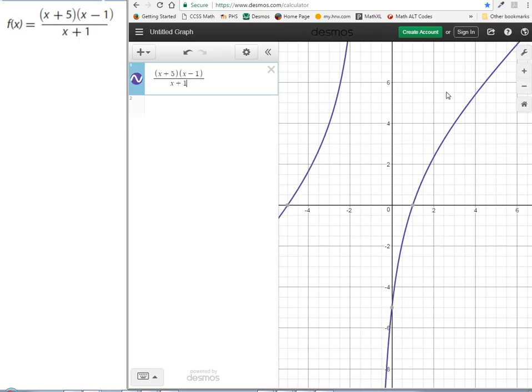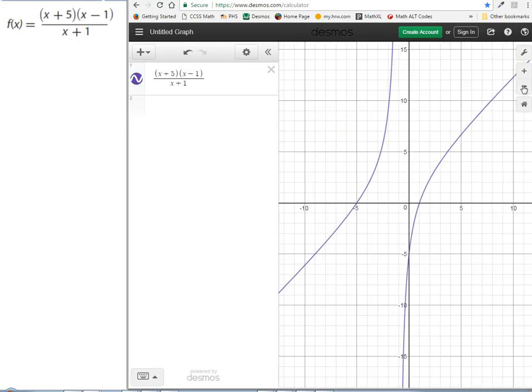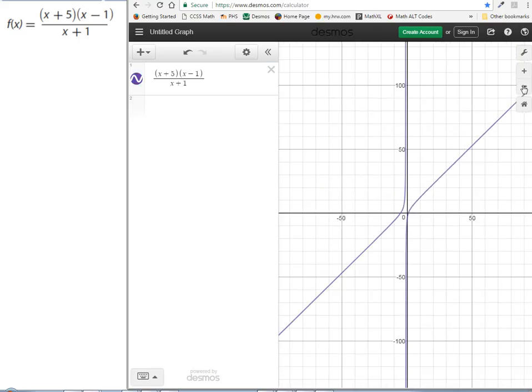Okay, if we look at that, if we zoom out a little bit, what's it look like? Where is there a vertical asymptote? What do you think? Jessica, where's there a vertical asymptote?